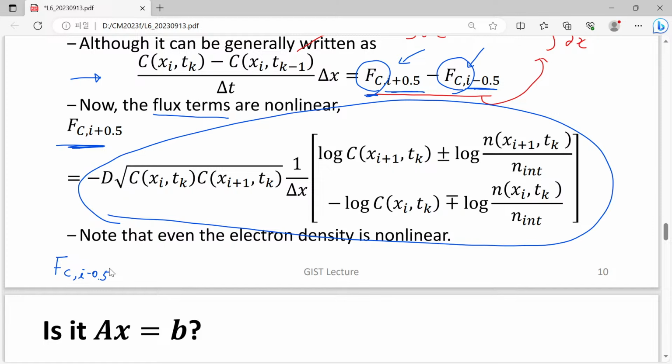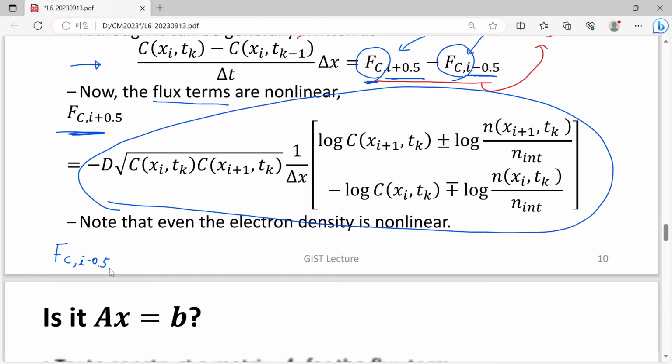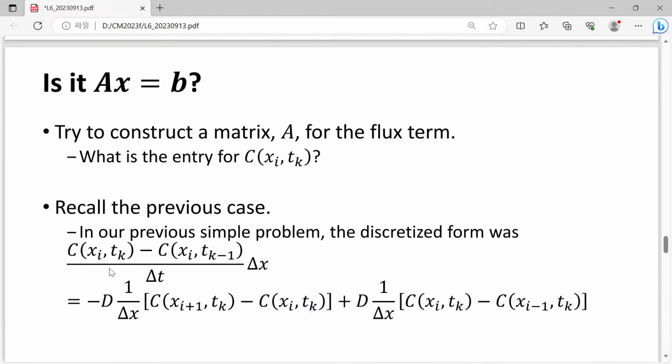You can do it. Evaluation itself is okay, but my question is: is it a form of Ax equals b? Can we make the matrix A?